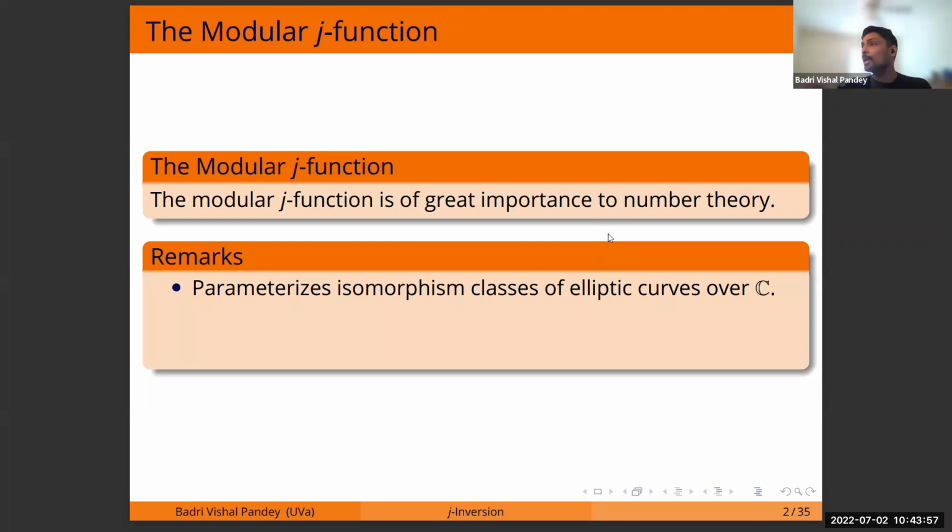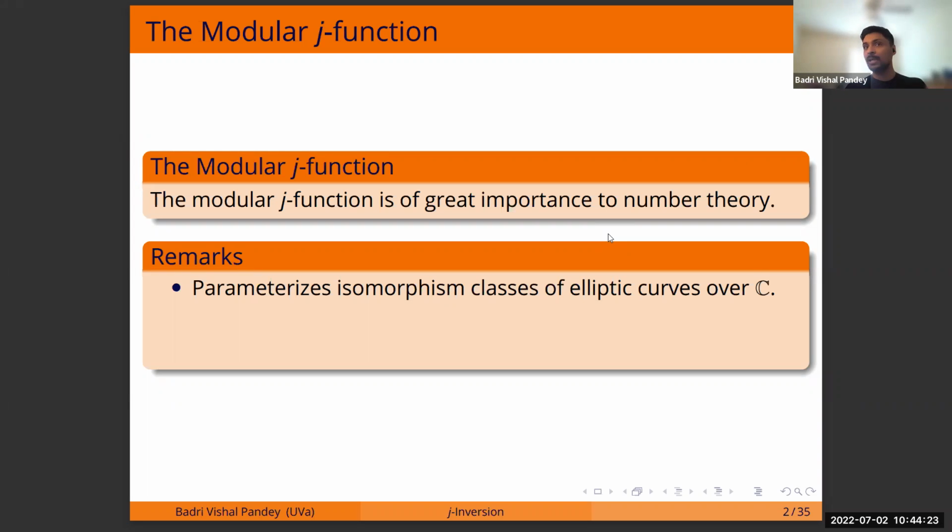To name a few, and I talked about this last time as well, the J function parameterizes the isomorphism classes of elliptic curves over C, which simply means that every elliptic curve can be thought of as C mod some lattice, and you can evaluate J at that lattice.